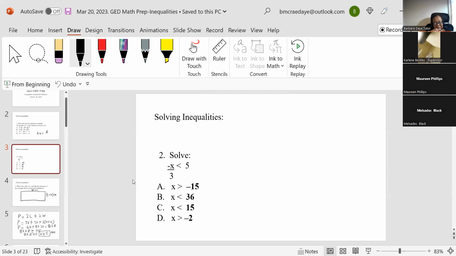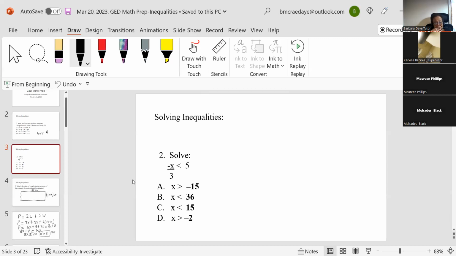But that's a minus 1X, so it has to be X is greater than minus 15. So what's the answer? The answer is A.